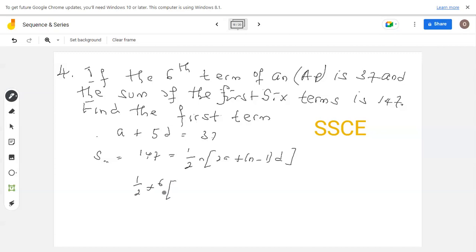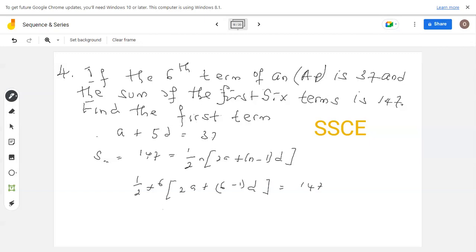We are given the first term, which is a. 2a plus the n term, that is 6 minus 1, then d. So half of 6 is 3. That is equal to 147.